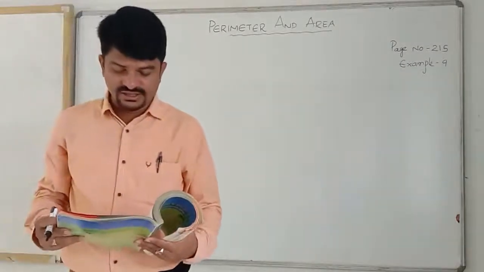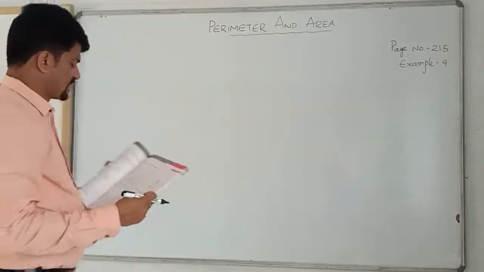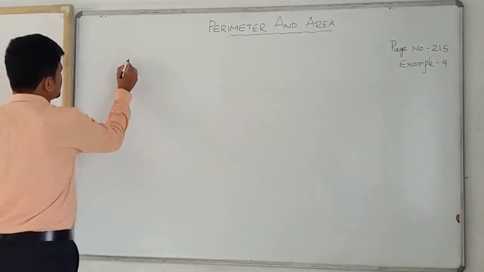I'll read the question. Here, two diagrams I have given. We need to find the area of the triangle. First question is given here.